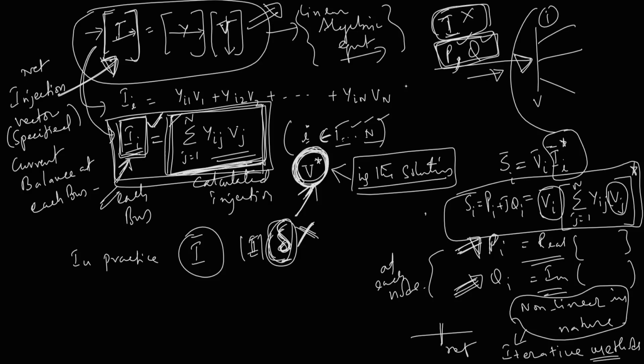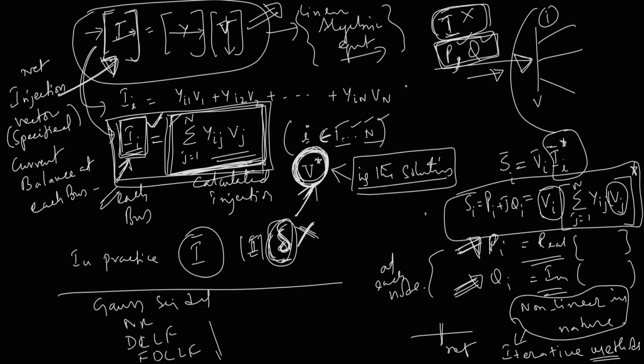Now that is the basic background about these load flows, how these load flow techniques have evolved. So we have the Gauss-Seidel, Newton-Raphson method, fast decoupled load flow, and also the DC load flow. You don't have it in your syllabus, but you also have one more, the DC load flow.